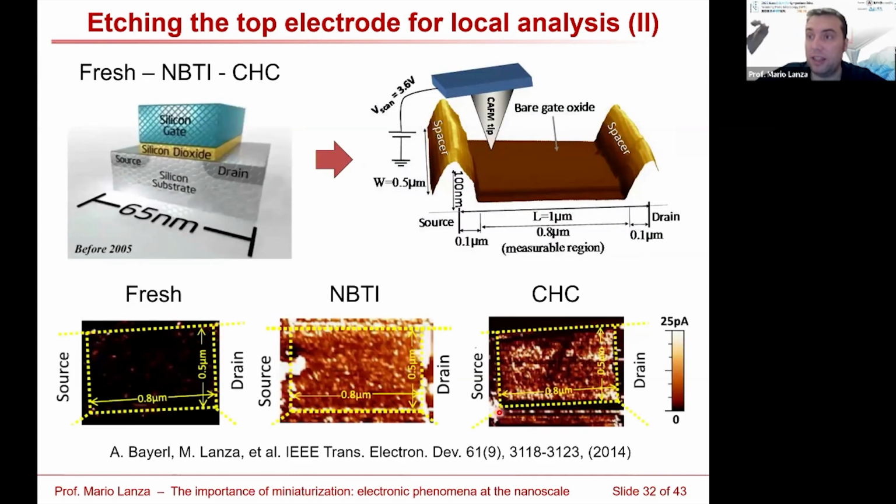Actually, this method of etching the top electrode can also be applied to other devices, such as transistors. In this article, we find the difference in the distribution of the stress when applying negative bias temperature instability or channel hot carrier stresses to field effect transistors. If you are interested, you can check more details here.